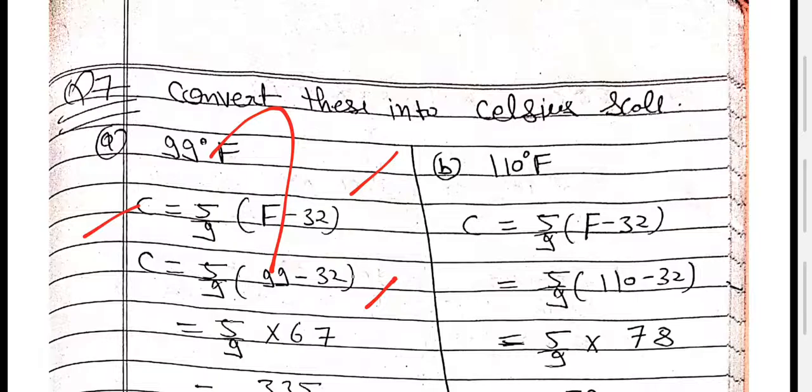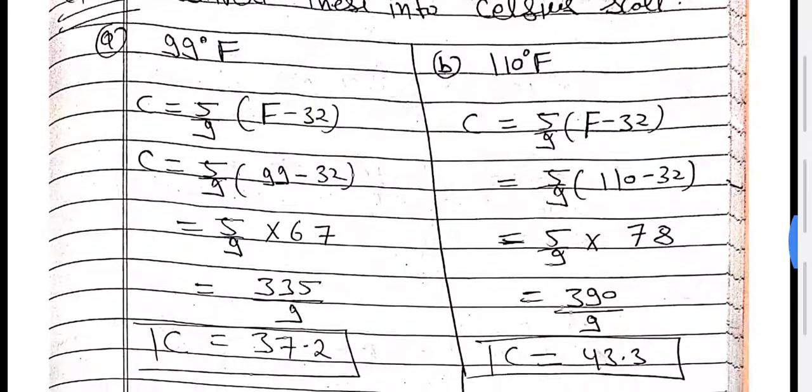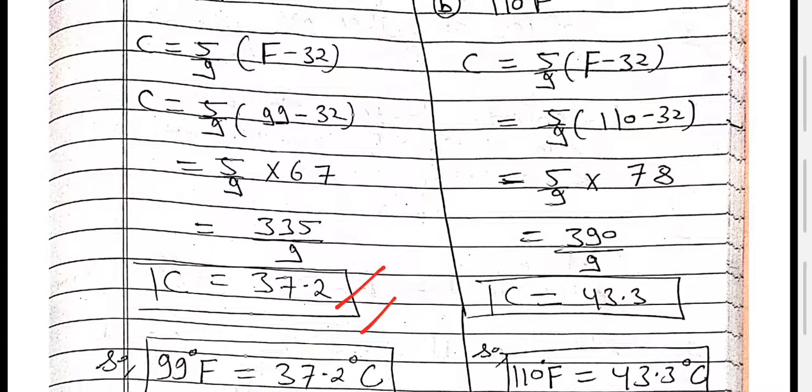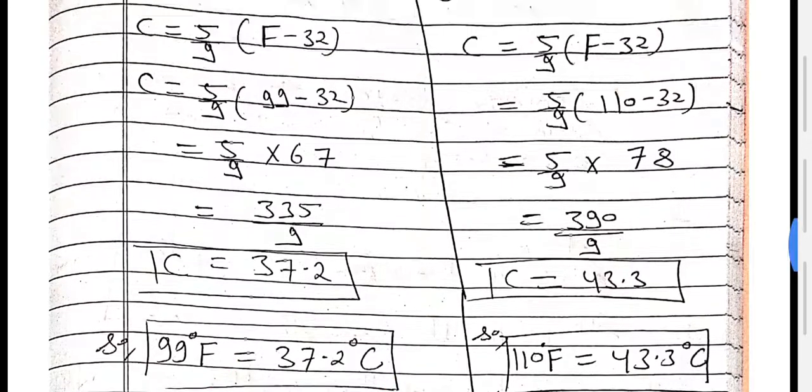Then 99 minus 32 is 67. So 5 upon 9 multiplied by 67. Multiply 67 by 5, it becomes 335. When you divide 335 by 9, it becomes 37.2. So 99 degrees Fahrenheit is equal to 37.2 degrees Celsius.